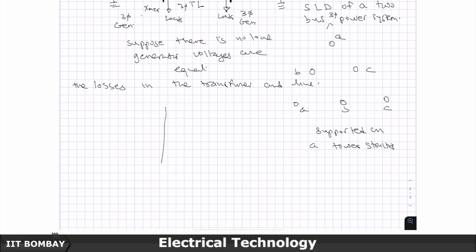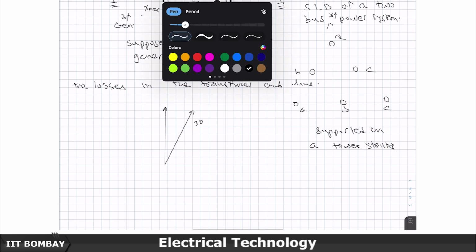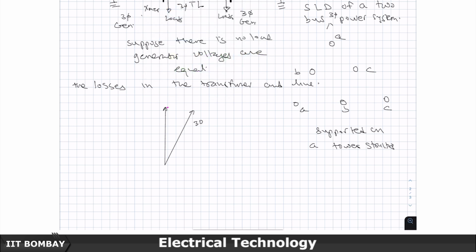If suppose one voltage is like this, the phase angle should also be the same. Suppose the other has the same magnitude, but is 30 degrees away from it. Then you can again see that there is a difference in the voltage, which is this, due to the phase difference between the two.